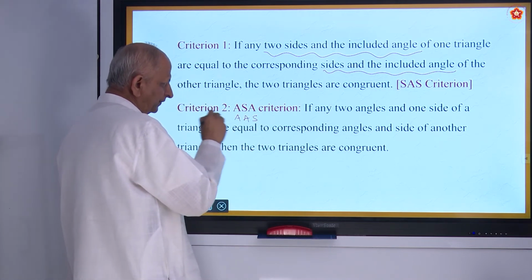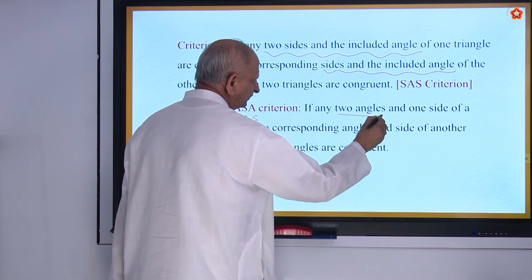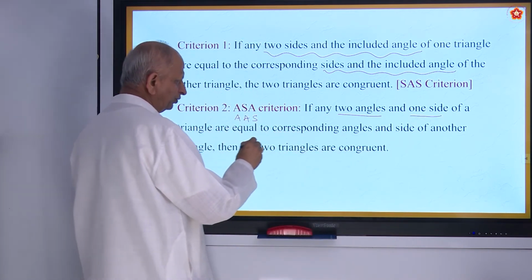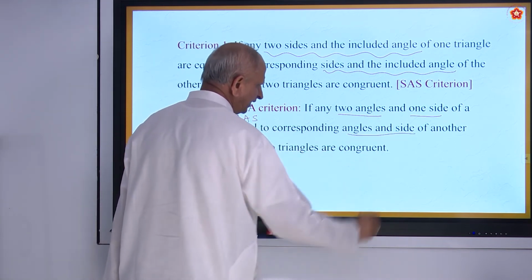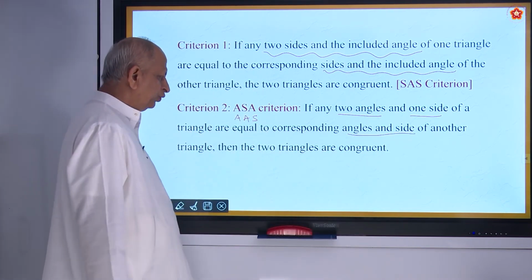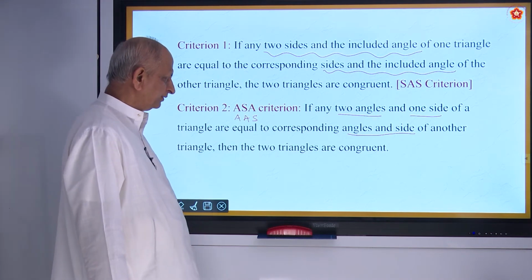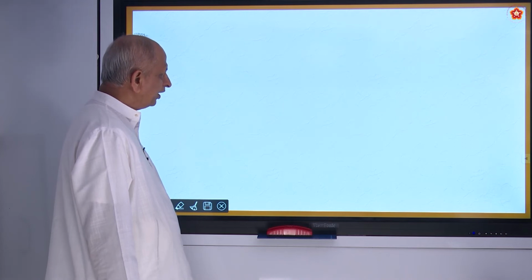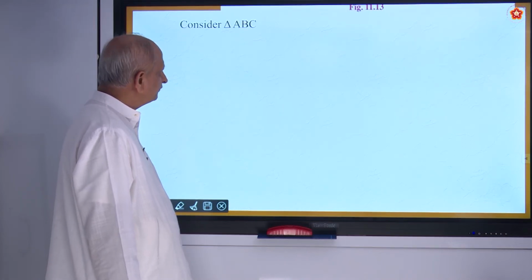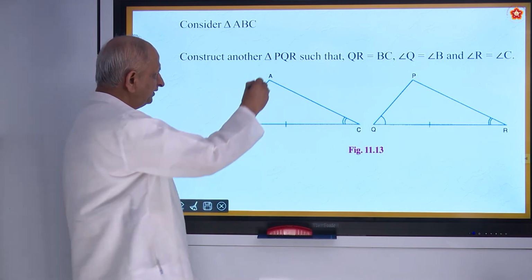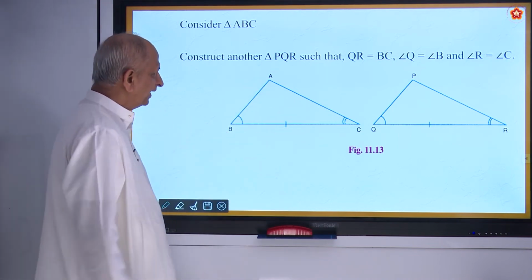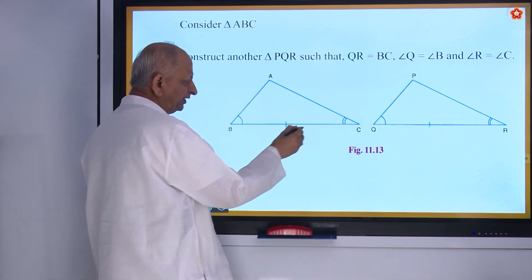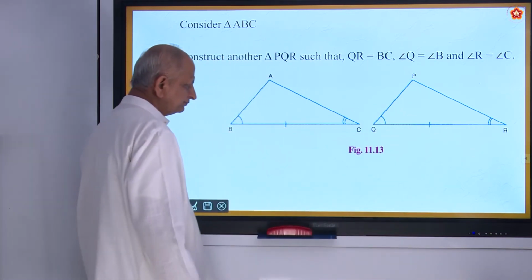That is also okay. If any two angles and one side of a triangle are equal to the corresponding angles and side of the other, then the two triangles are congruent. For example, we will draw a triangle. Consider triangle ABC and triangle PQR such that BC is equal to QR, one side.